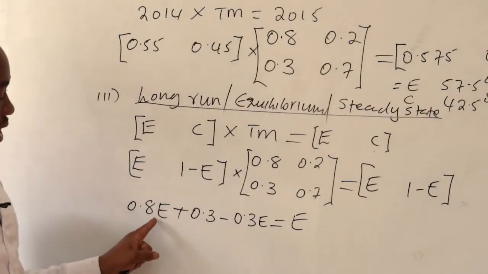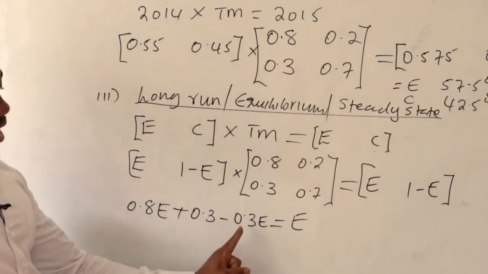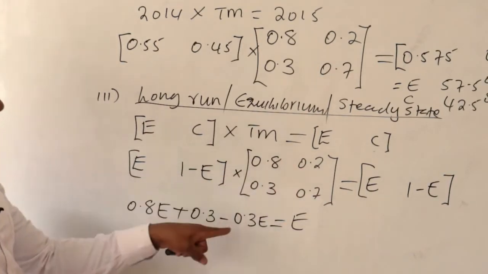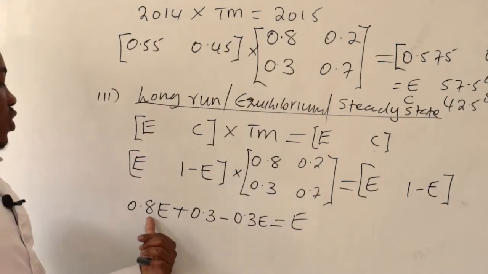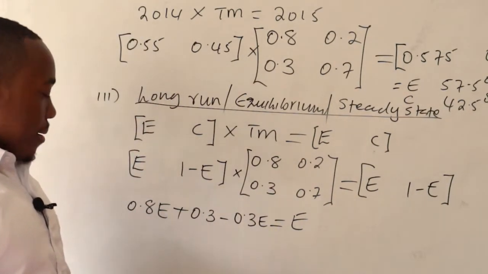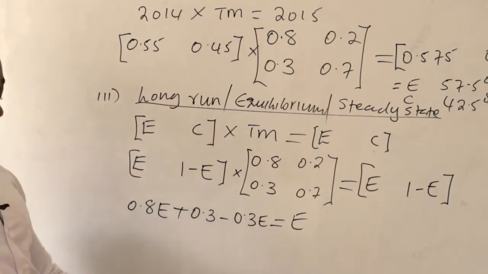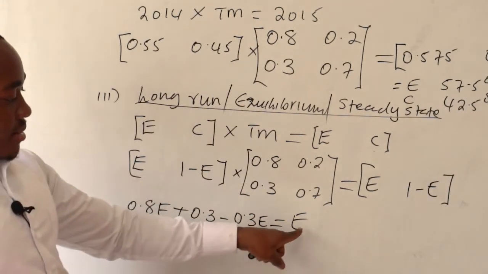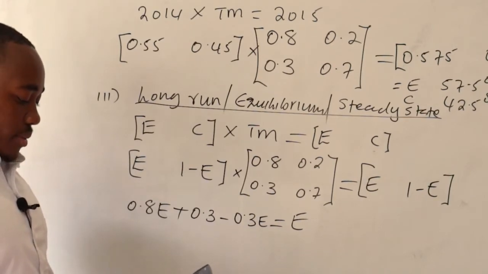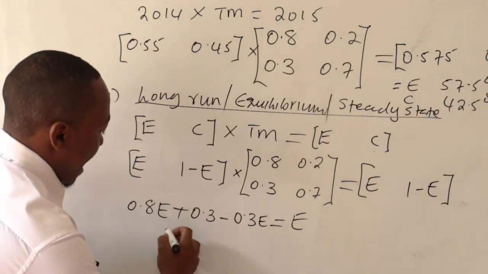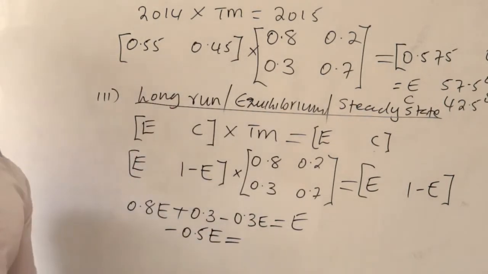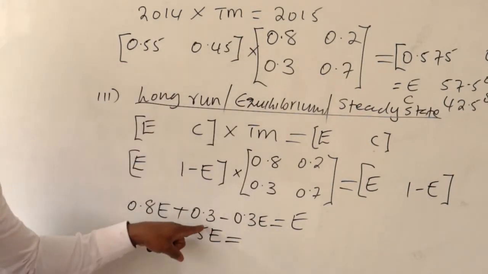So you have 0.8E minus 0.3E, and still we have another E. If you take E to the other side, it becomes negative. So you take 0.8 minus 0.3, minus 1E, and you'll have negative 0.5E is equal to, here we have positive 0.3.